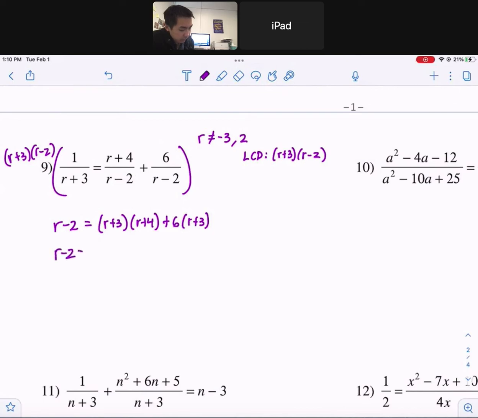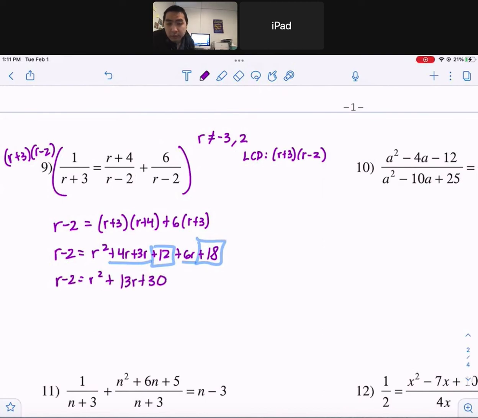So you got r minus 2 equals, double distribution, r squared plus 4r plus 3r plus 12 plus 6r plus 18. So combining like terms, we're going to get r minus 2 equals r squared plus 13r plus 30.